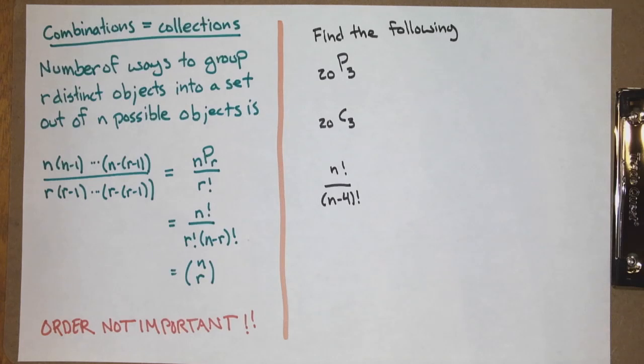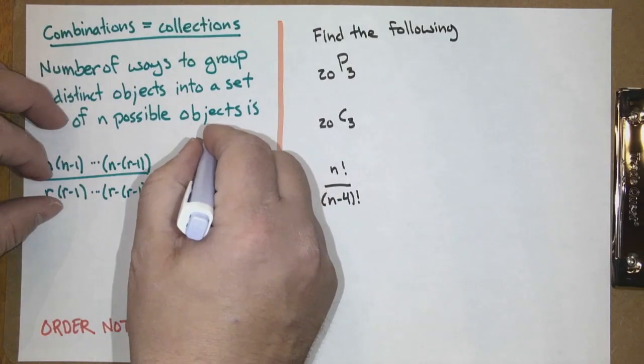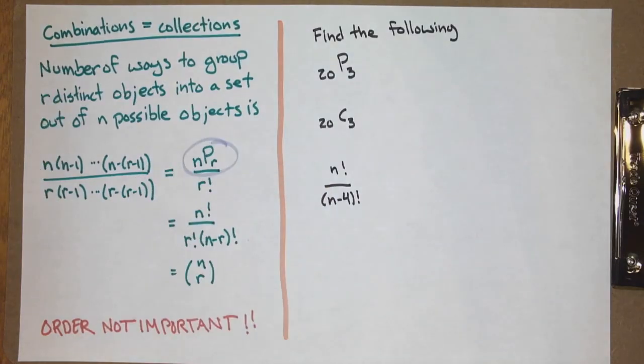Now, let's think about it in a slightly different approach. One thing we can do is just look at nPr, the number of permutations. We did that before. Now, my question, how does the number of permutations relate to the number of combinations? What do you need to do? You need to forget the order.